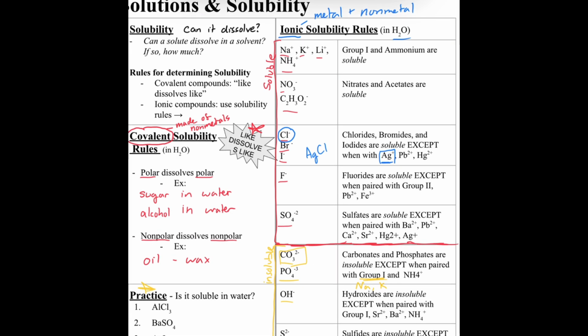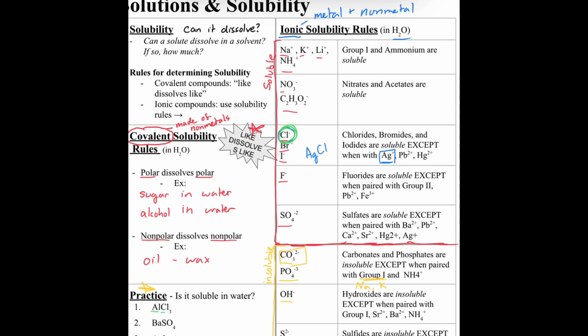Now, our first ionic molecule that we are going to ask ourselves about is aluminum chloride. All right, so what we're going to do is look at our two pieces of this compound, aluminum and chlorine, and we're going to look for both of those on the solubility list. So I don't see aluminum anywhere on this little list of ions, but I do see chlorine.